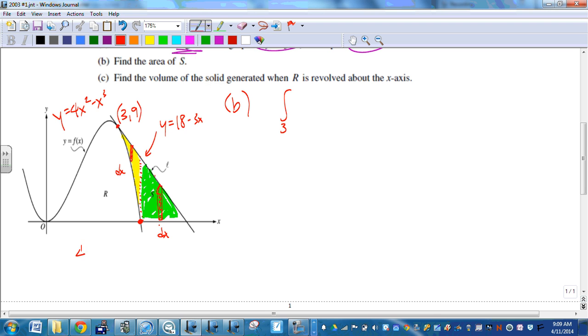If we set that equation, 4x squared minus x cubed, equal to 0, factor out an x squared, we get x squared times 4 minus x. So we get x equals 0 and x equals 4. So this graph intersects at 0 here, and this is going to be at 4, 0. So we know this first area, the yellow region, is going to go from 3 to 4.